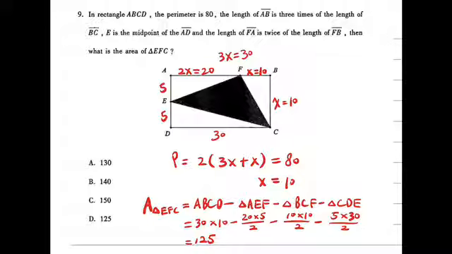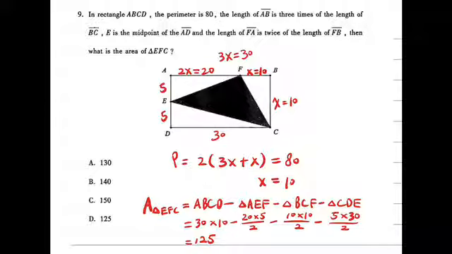And we know AB is 3 times BC. If we assume BC equals x, we can solve x equals 10. Then AB equals 30. In the exam, we can directly mark those numbers on the paper. We can use the same way to solve other segments.